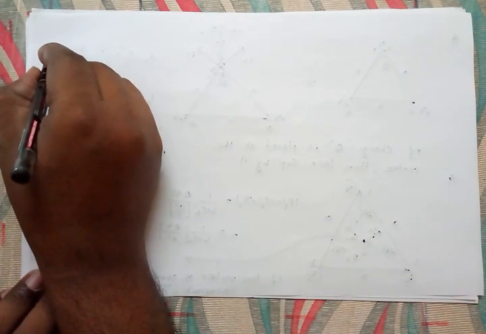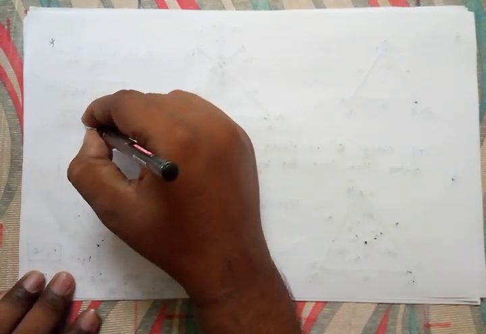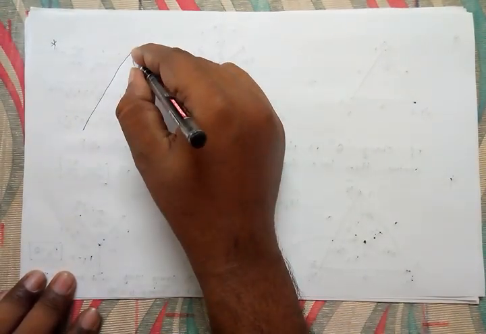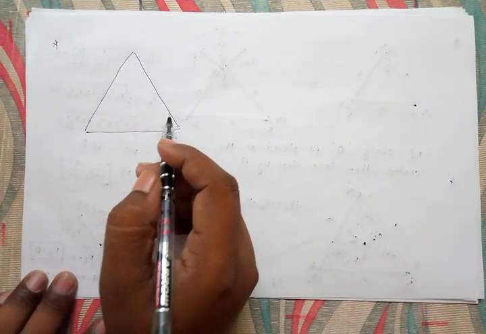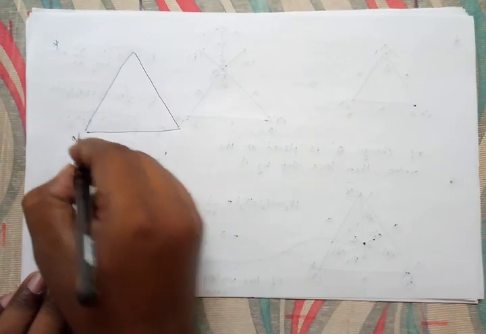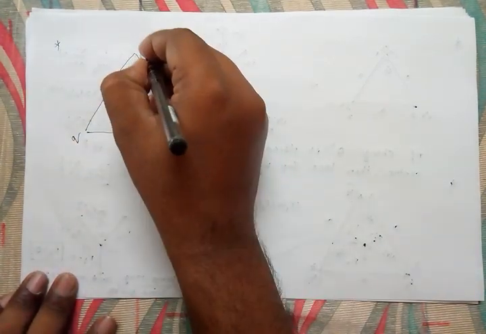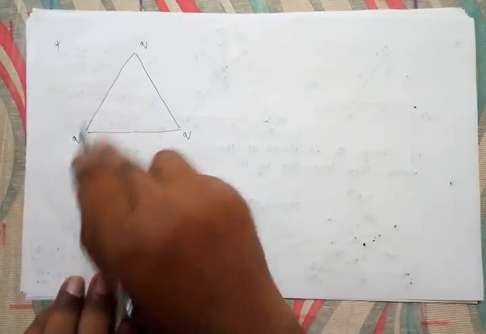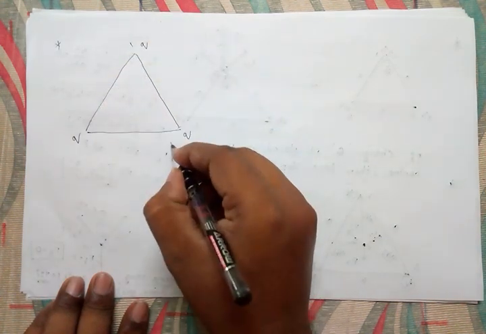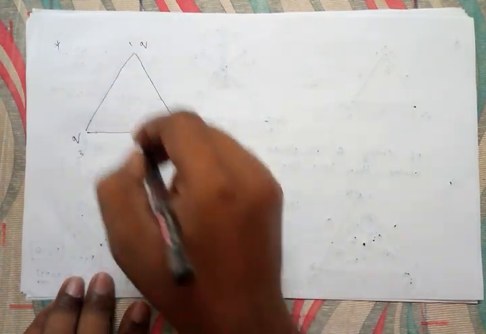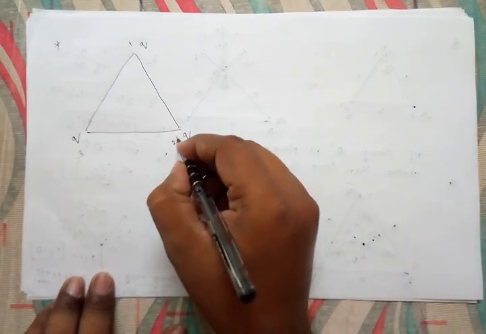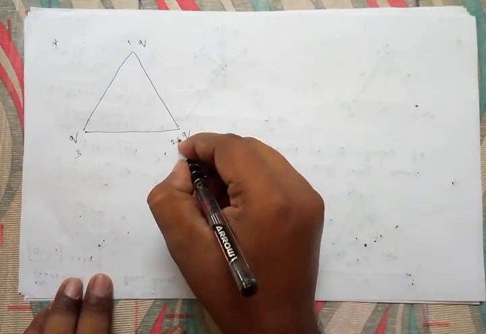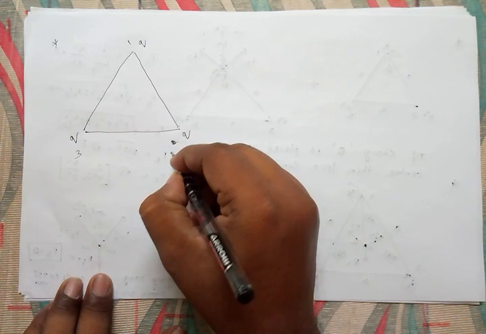In the three charges we took earlier, all three charges were of the same polarity and same magnitude. Now I am making one of the charges negative, so let us take this position to be negative.